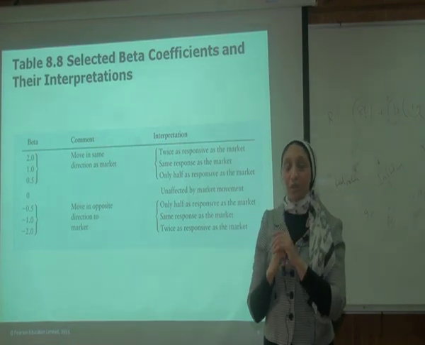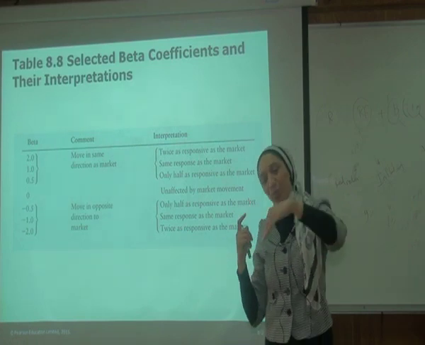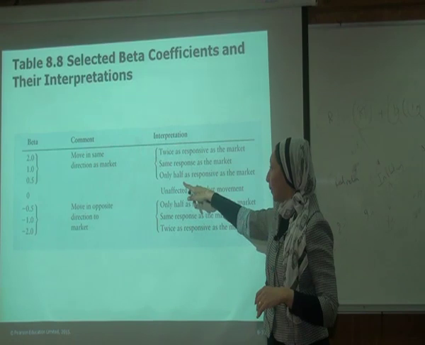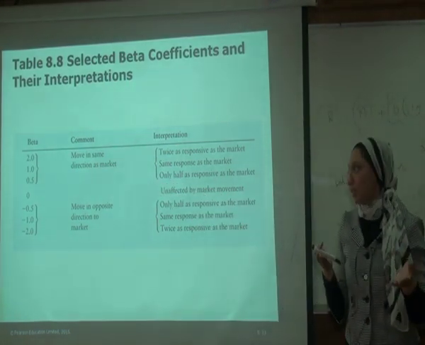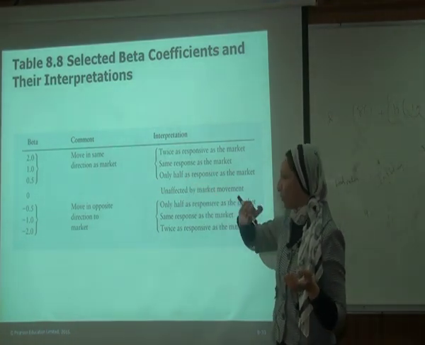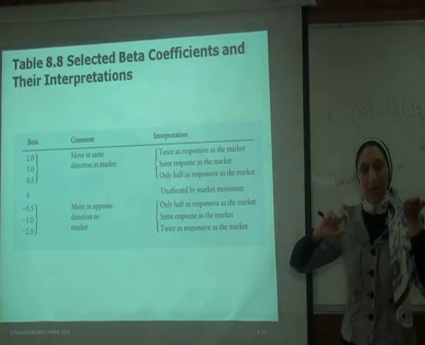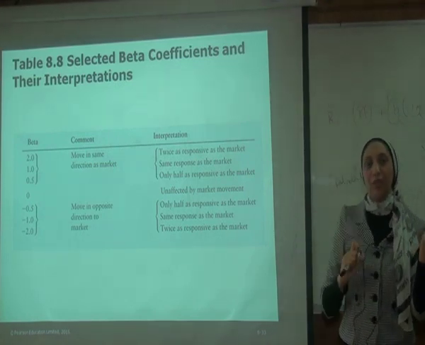At the same time, if the stock market drops 1%, your stock will drop 2%. If beta is 0.5, this means that your stock is only half as responsive to the stock market. So if the stock market increases 1%, your stock will increase only by 0.5%.